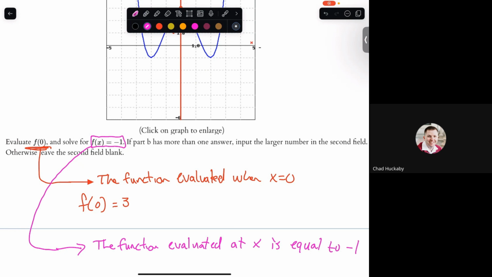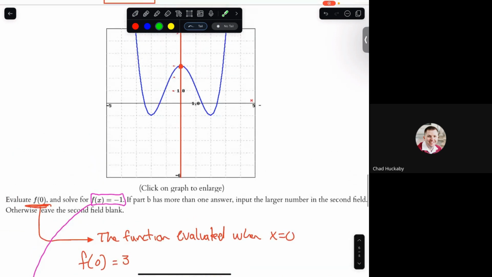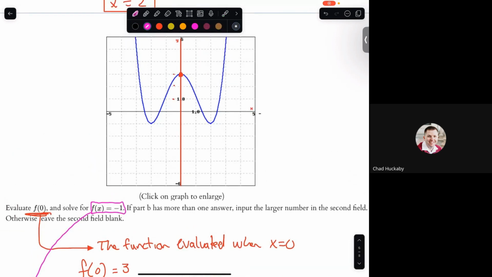So this is flipped on its head. Instead of having the input value 0, like we did in the other case, we were evaluating at a value. Now we're trying to find what the value is when our output of the function is -1. So we're looking for when the function, which is on the y-axis, is equal to -1.